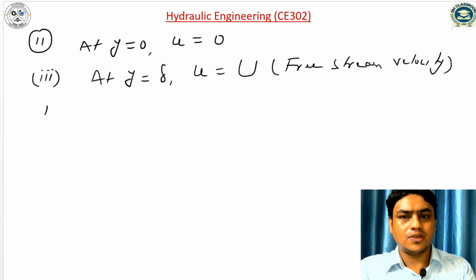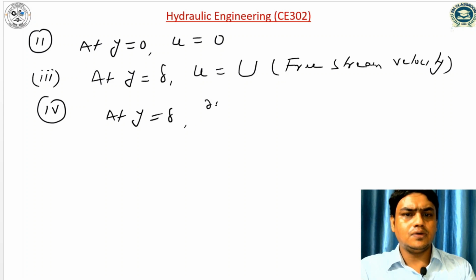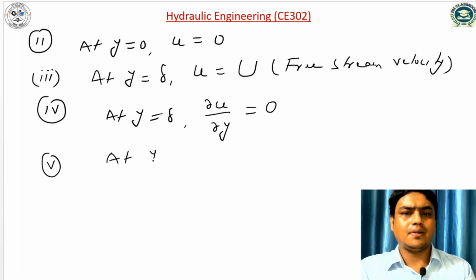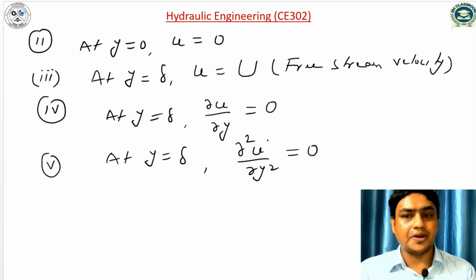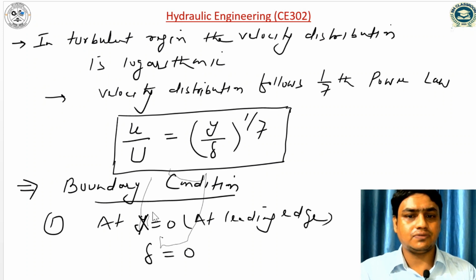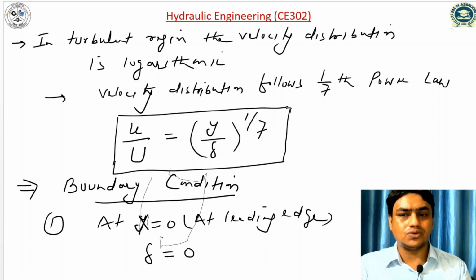And the fourth condition, at y is equal to delta, del u by del y is equal to 0. And the fifth condition, at y is equal to delta, del 2 u by del y square is equal to 0. So these are the 5 boundary conditions that are very important in the boundary layer. The first one is at x is equal to 0, at the leading edge, our boundary layer thickness is equal to 0.